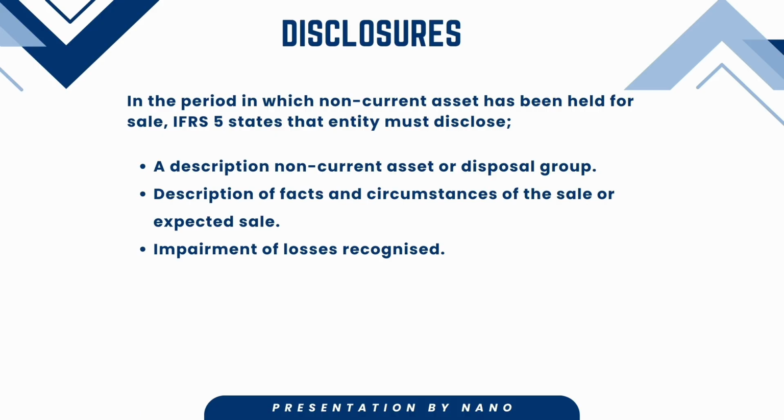A description of the facts or circumstances of the sale and expected sale. 3. Impairment losses recognized. So now if you get to your exam hall and they ask you what are the things that IFRS 5 says that an entity should disclose, these are the 3 things you're going to be listing.